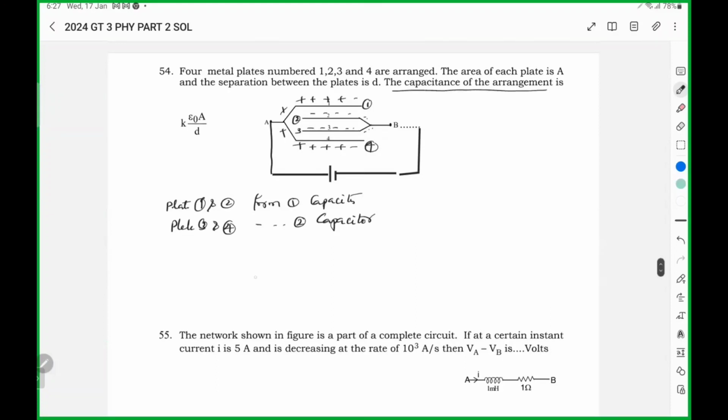Here 1 and 4 are connected to the positive terminal, and 2 and 3 are connected to the negative terminal.